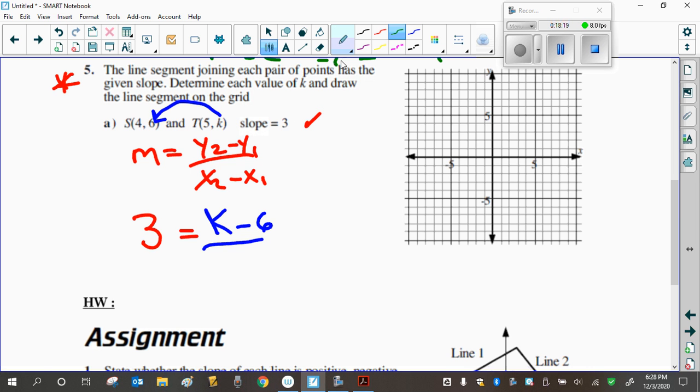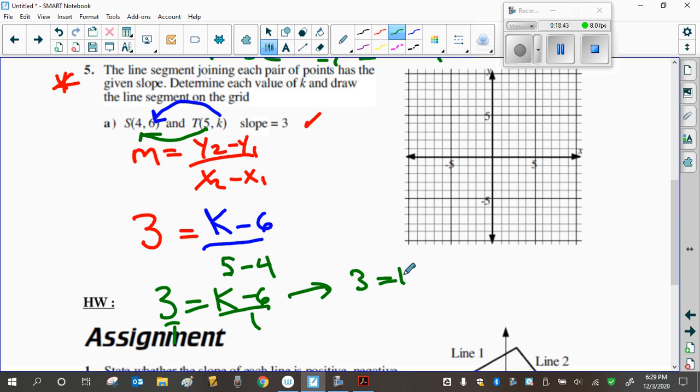And now we do the x's. Well, 5 subtract 4. And now what do we do? Well, we simplify 5 subtract 4 over 1. Anything over 1 is itself, or you could cross multiply. But anything over 1 is itself, so I'm just going to rewrite this as 3 equals k subtract 6.